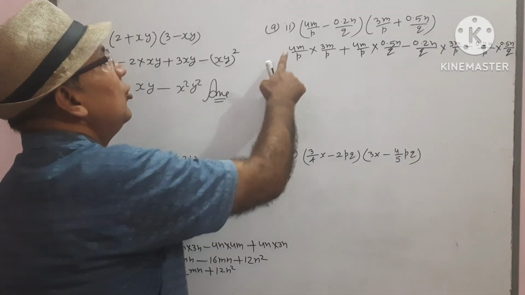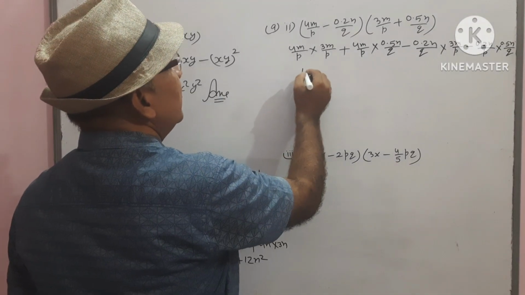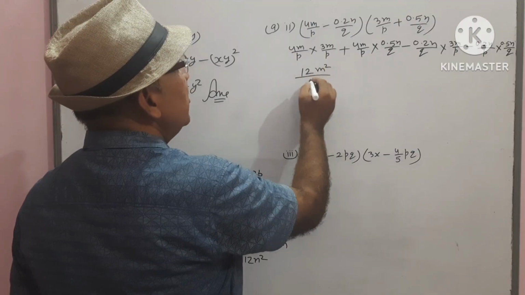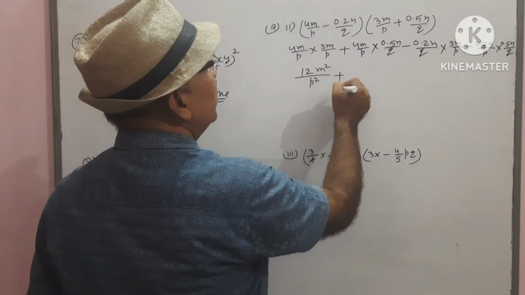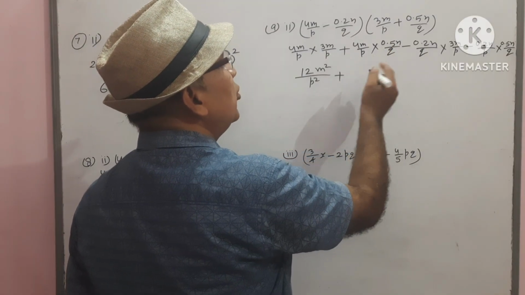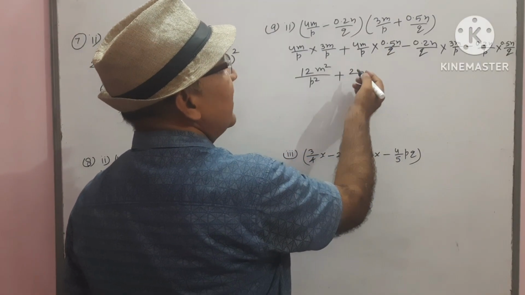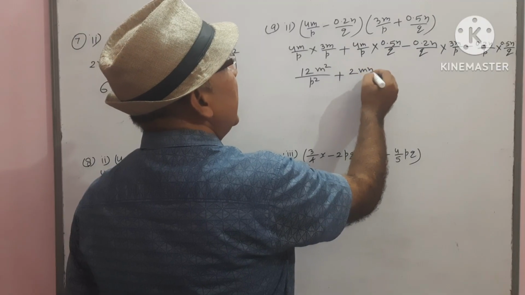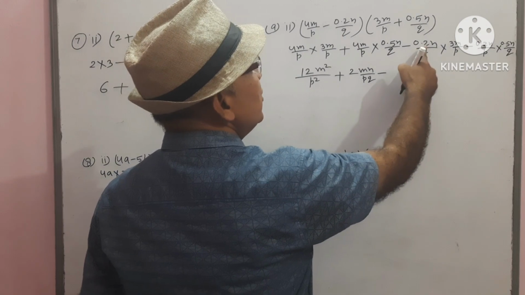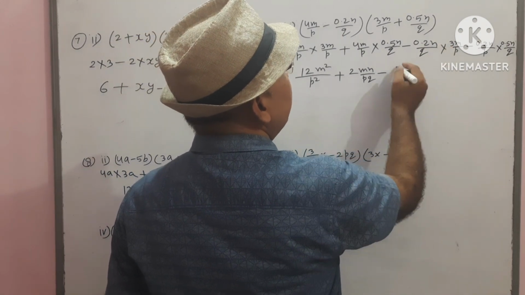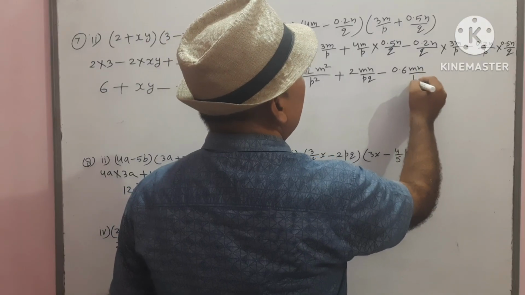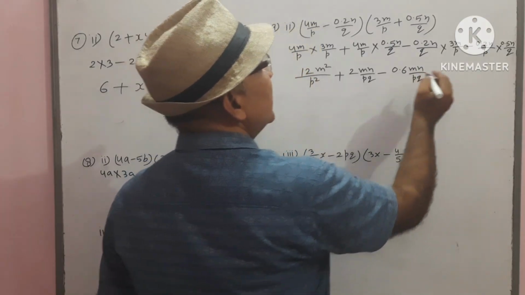Now calculate it. Numerator is multiplied with numerator. So 4 into 3, 12. m into m, m square. p into p, p square. Plus 4 is multiplied with 0.5, so we will get 2.0. So we can write only 2mn upon pq. Minus 0.2 is multiplied with 3, we will get 0.6mn upon pq.